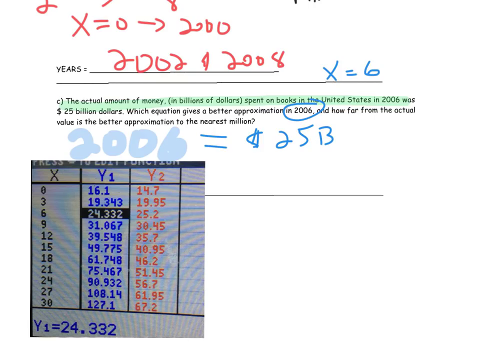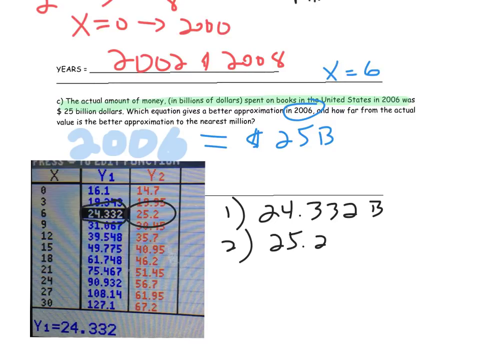So here we go. Equation 1 gives the approximation of 24.322 billion, and equation 2 gives the approximation of 25.2 billion. It says which equation gives the better approximation, so which one is closer to 25 billion? Well, equation 1 is 24.3, so this one is about 0.7 billion away.